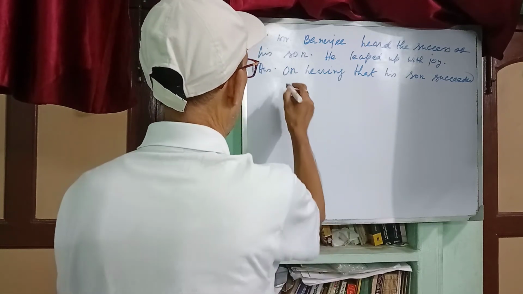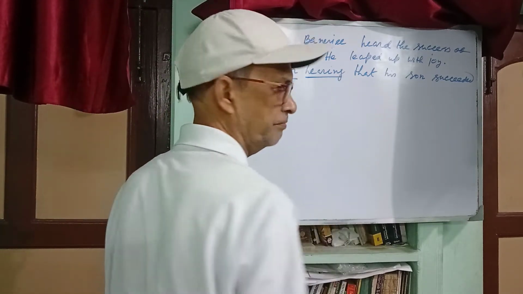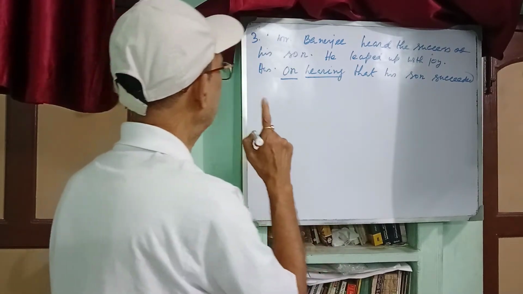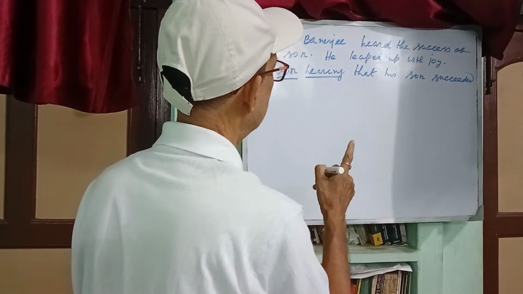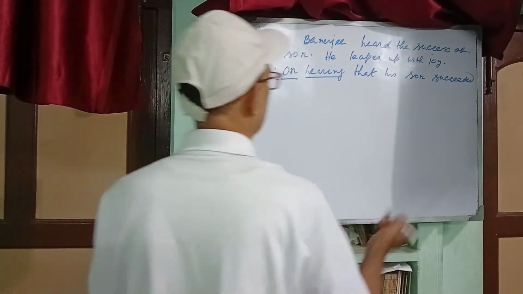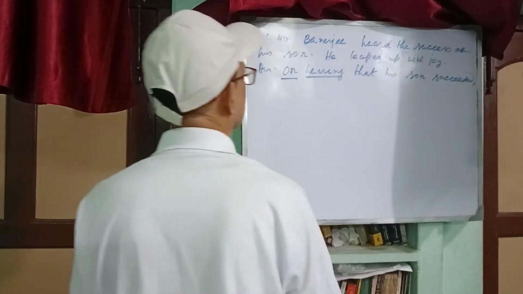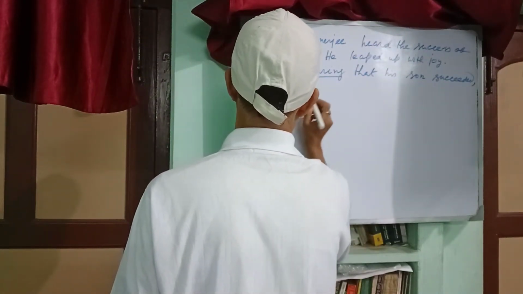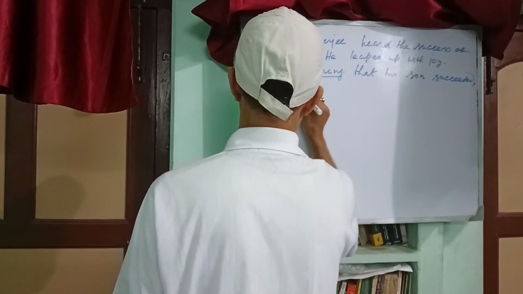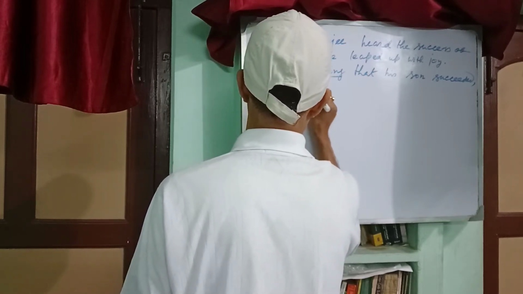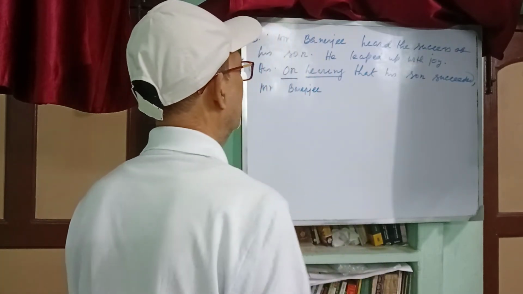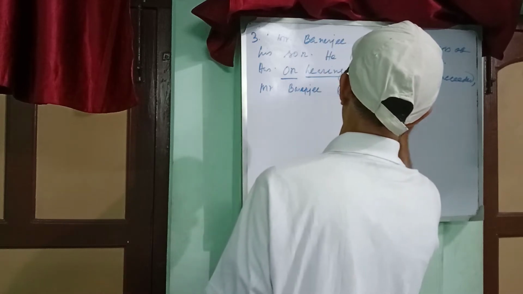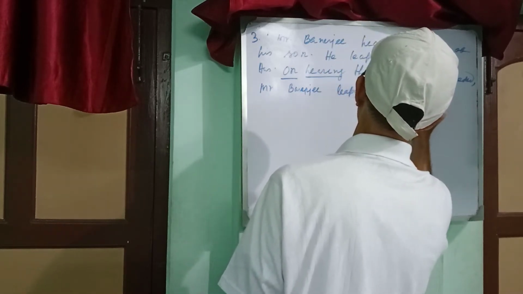On is a preposition and hearing is a gerund. On hearing that his son succeeded, Mr. Banerjee leaped up with joy. Okay.